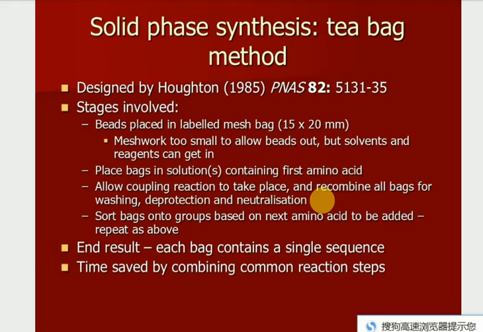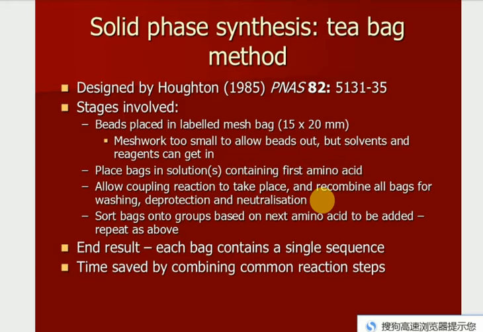So you could imagine if you've got 20 amino acids as your first amino acid, you'd have 20 pots for the first reaction, then you take all the bags and put them into one pot to wash, then all to deprotect, and then you could sort them again and put them in our array of 20 amino acids for the second amino acid of the peptide. So the big advantage here is that the washing steps and the deprotection steps are common, so you're saving time, you're saving money, and you're saving space.